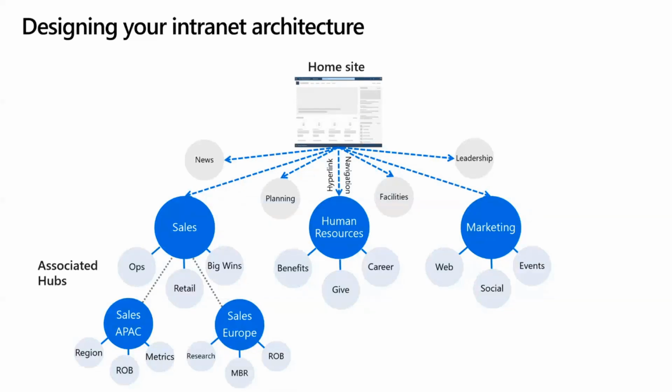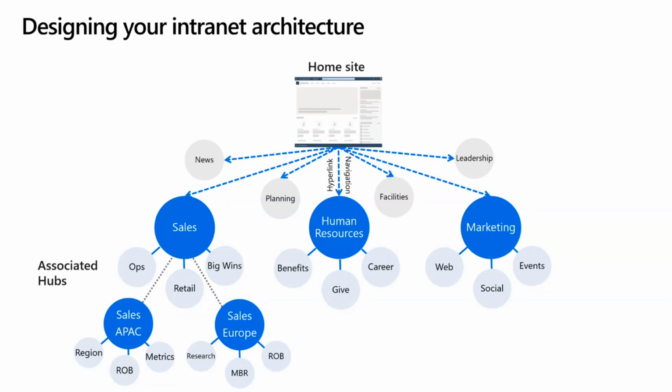In this example diagram, think about how a sales organization might be pretty big, and it might actually have offices dedicated to Asia Pacific and Europe as an example. And they're big enough regions that they have a whole hub for themselves. So in this case, they're part of the bigger sales organization, and so want to be part of the bigger sales hub, but at the same time have totally valid scenarios for having their own hubs.